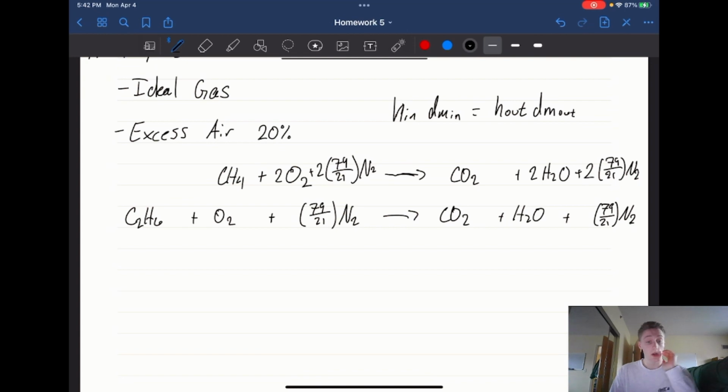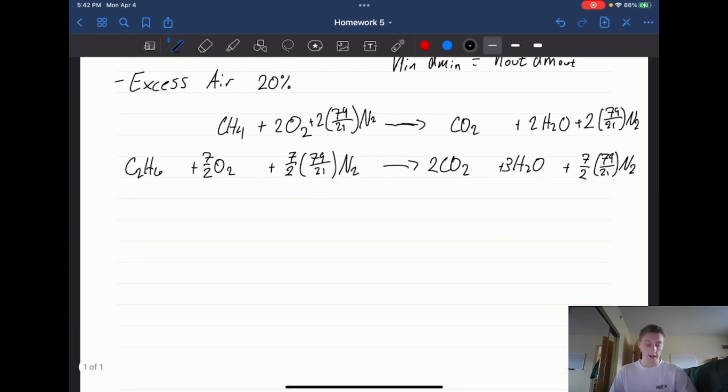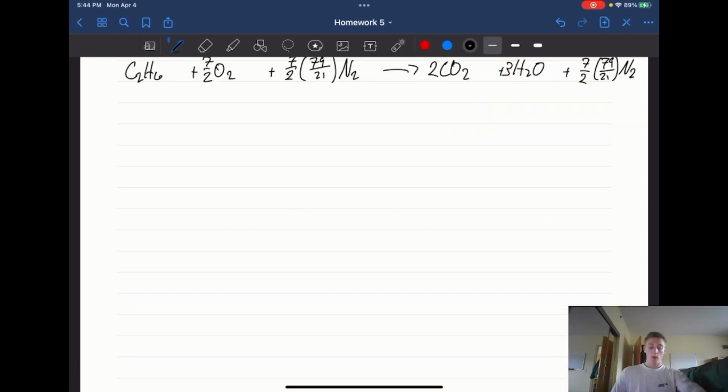And then to balance this equation out, we will have 7 over 2 O2 here, and then 7 over 2 times 79 over 21 N2 here, and 2 CO2, 3 H2O. Looks good. So these are just the two reaction equations for combusting the two hydrocarbons in our natural gas. I'm not going to worry about propane for now, but I'll get to that later once we get to the Python code.